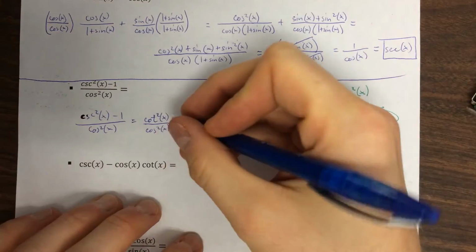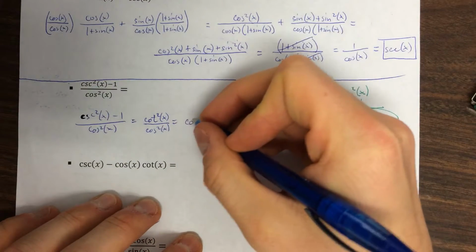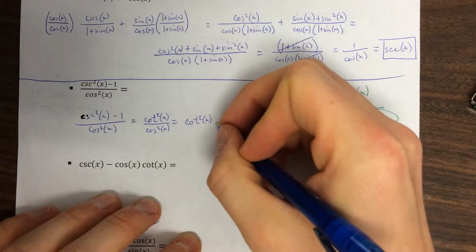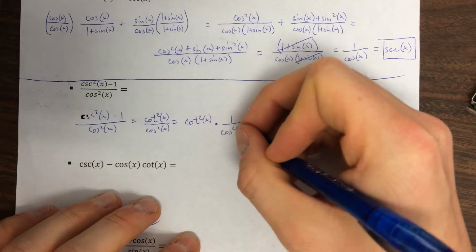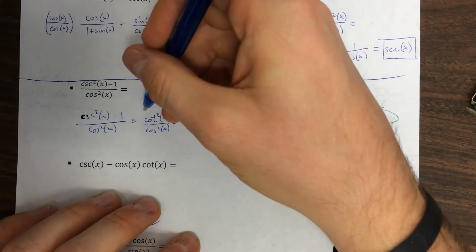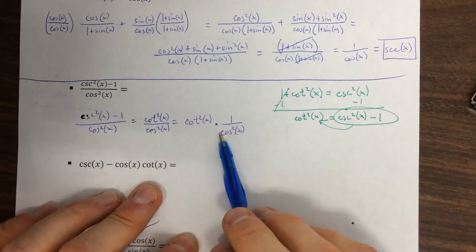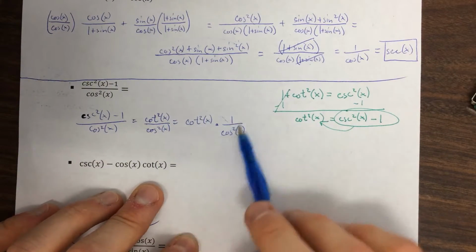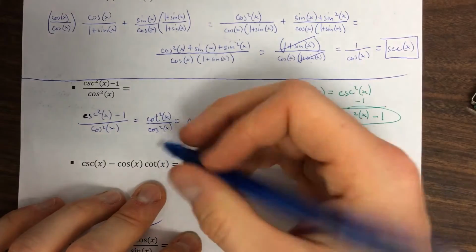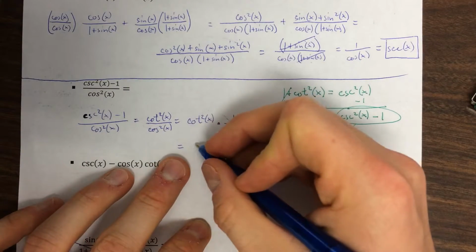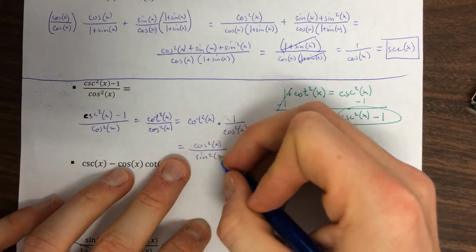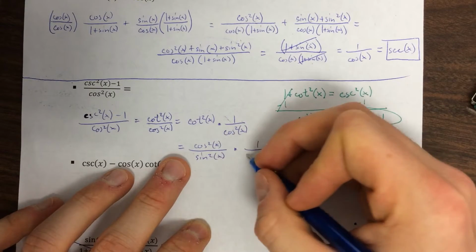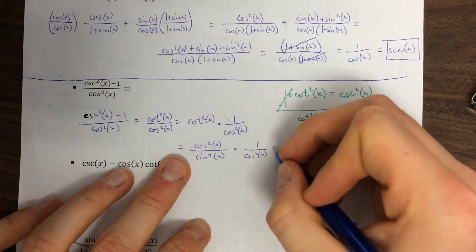And so what we can do here, an algebraic property that we can apply, is that this is true. We can do cotangent squared x times 1 over cosine squared x. Moving from this fraction and separating it is a very useful thing that we can do. And the reason is because now we can write this as cotangent, which we know is cosine squared over sine squared, and multiply that by 1 over cosine squared.